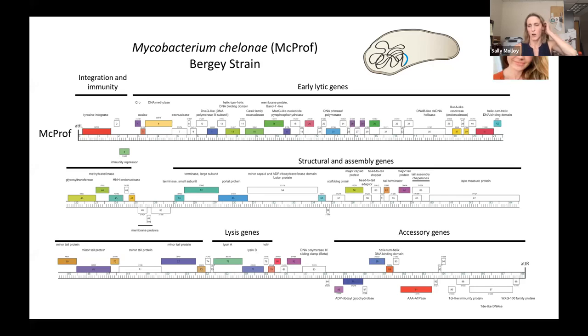And on the very right arm is a group of genes that we know are expressed during lysogeny. We don't know the function of a lot of these genes, but they could potentially contribute to the fitness of the host. And there's one set of genes that we think is pretty interesting, and it happens to be one of these polymorphic toxin systems.